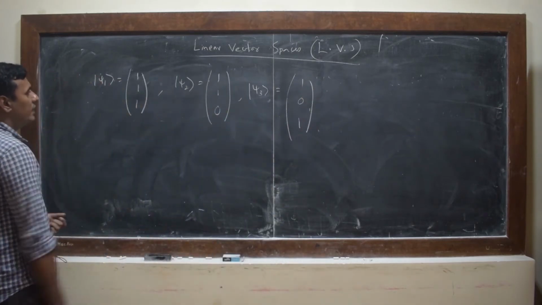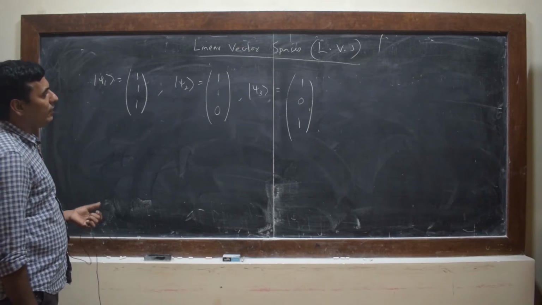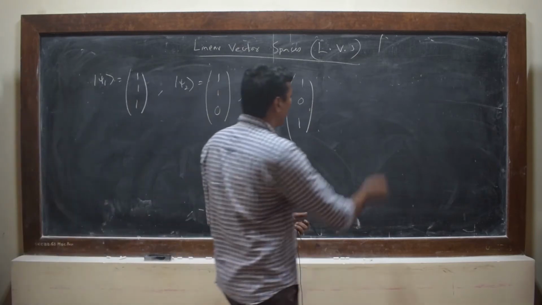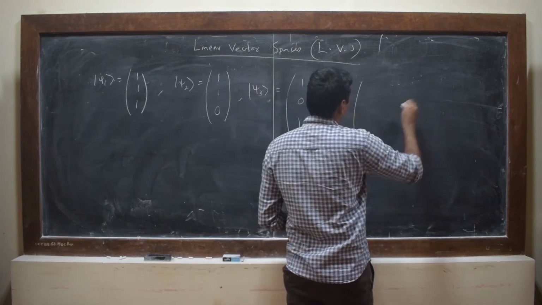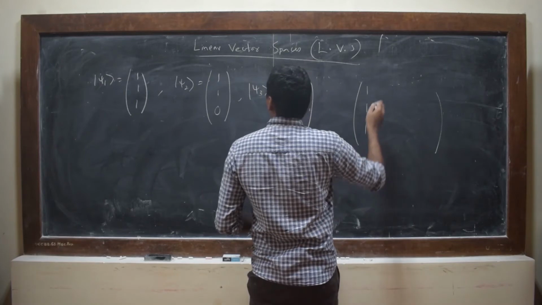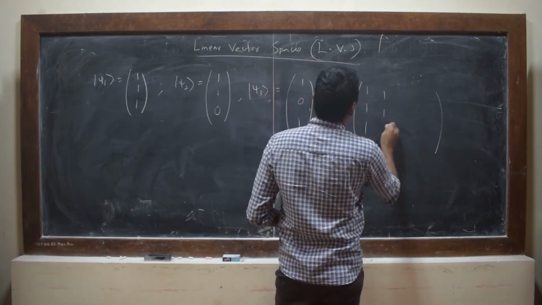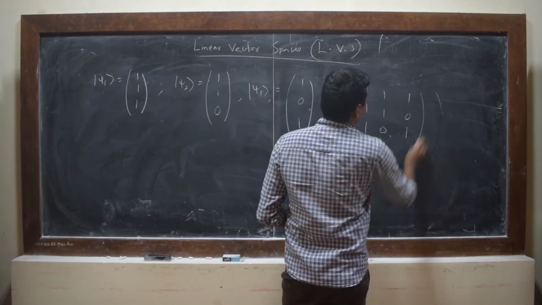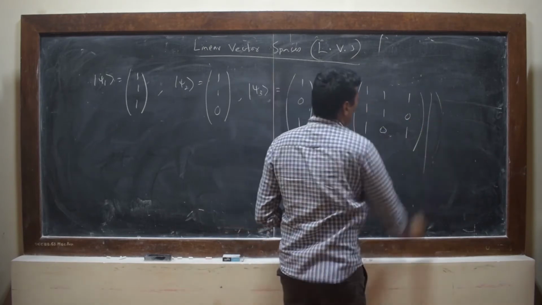Please check yourself that psi 1, psi 2, psi 3 are linearly independent. To see that, you make a matrix out of these: 1 1 1, 1 1 0 and 1 0 1, and check the determinant of this matrix.